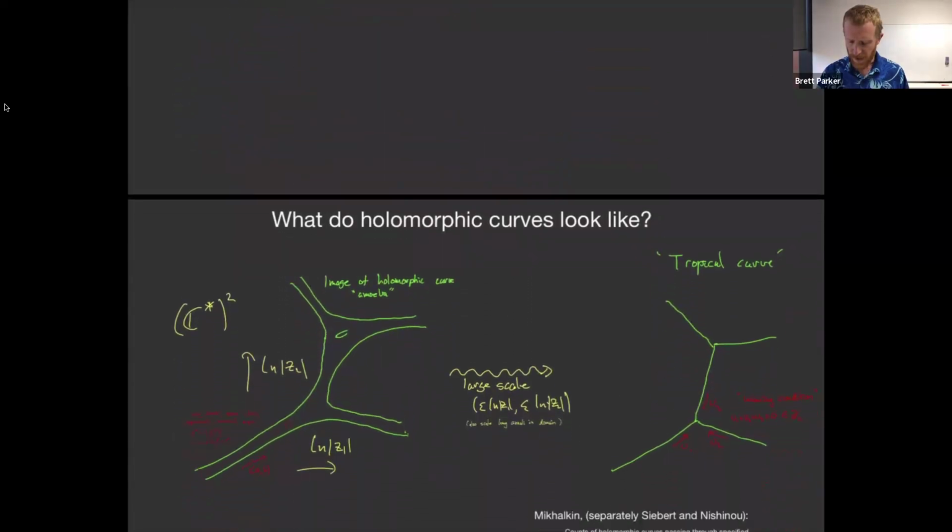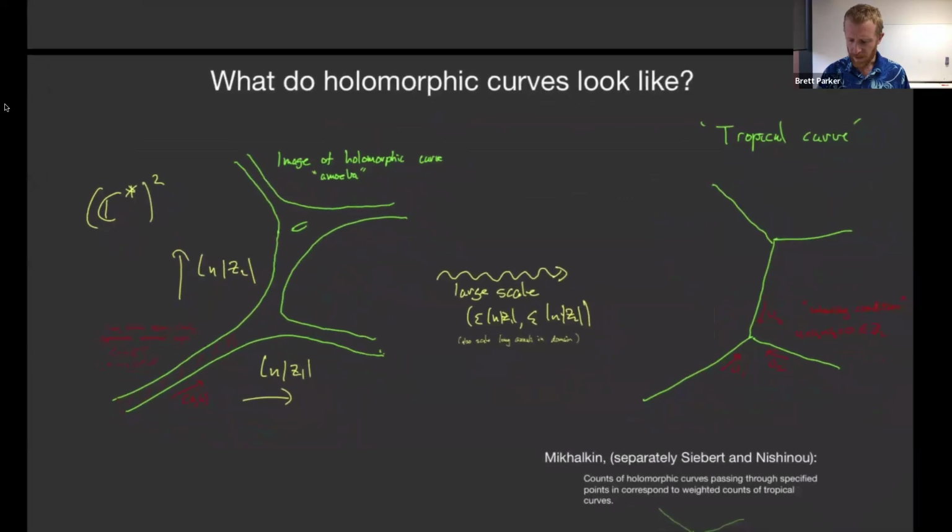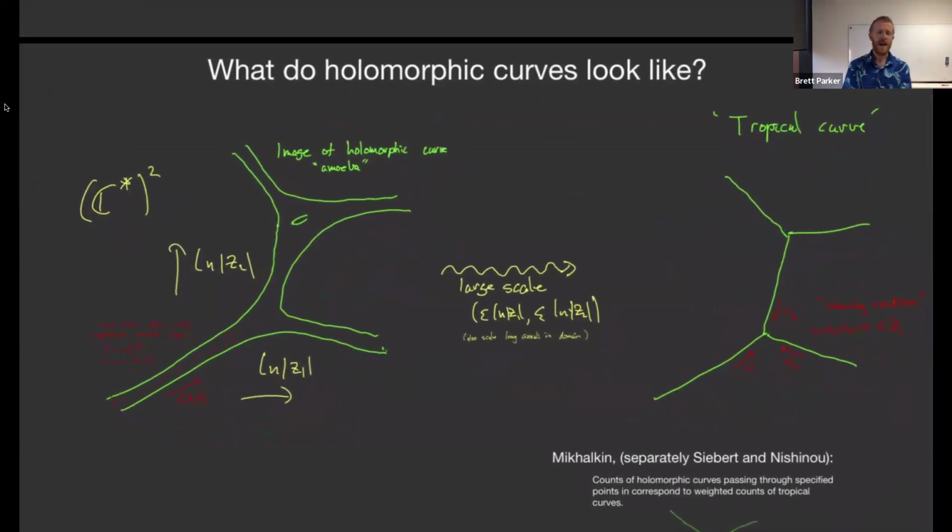So the first thing I want to do is give you the idea of why these one-dimensional tropical curves come up when you're counting two real dimensional holomorphic curves. So again, a holomorphic curve is a holomorphic map of a Riemann surface into some ambient space. And what I'm doing here is drawing the image of a holomorphic curve in C star squared, okay?